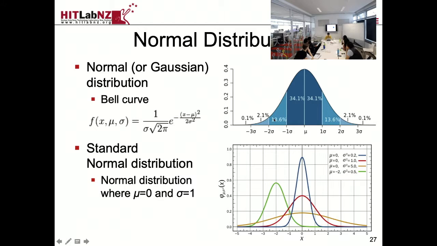If we just want to know if some value is located within this range, it has only 13.6% of the chance from the probability perspective.